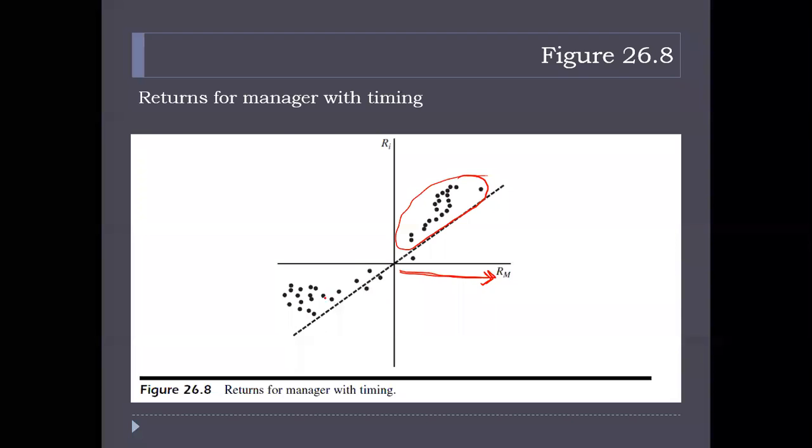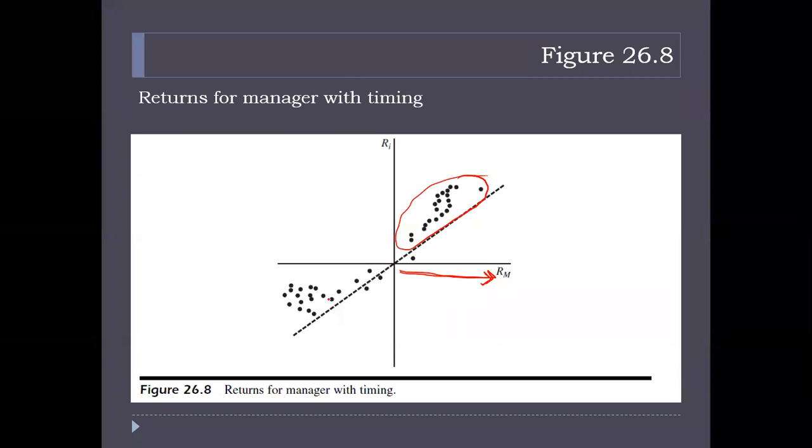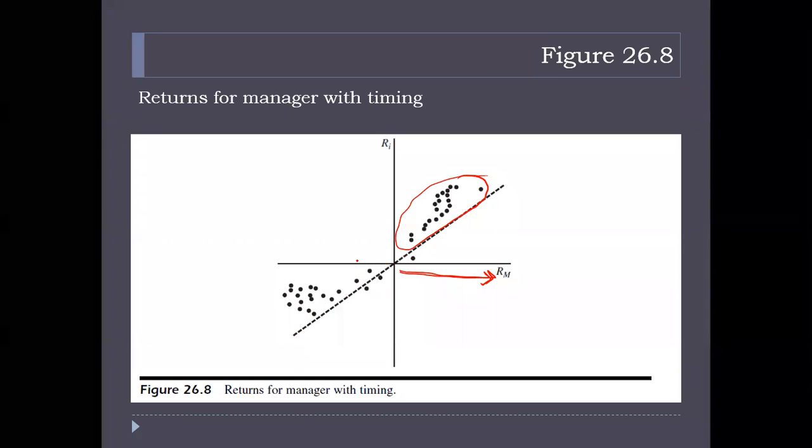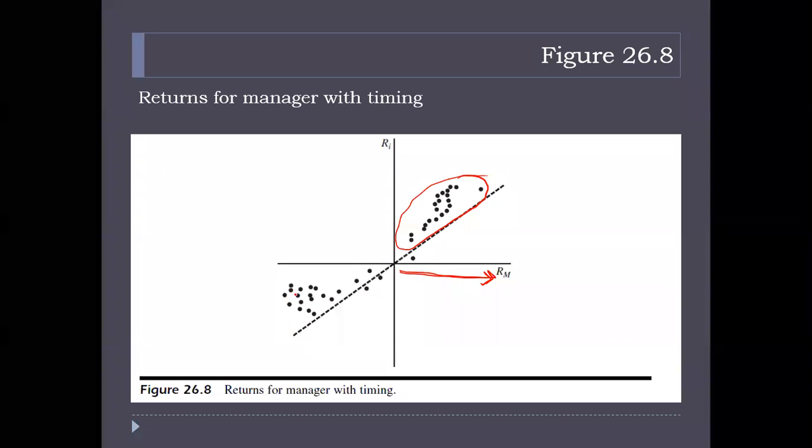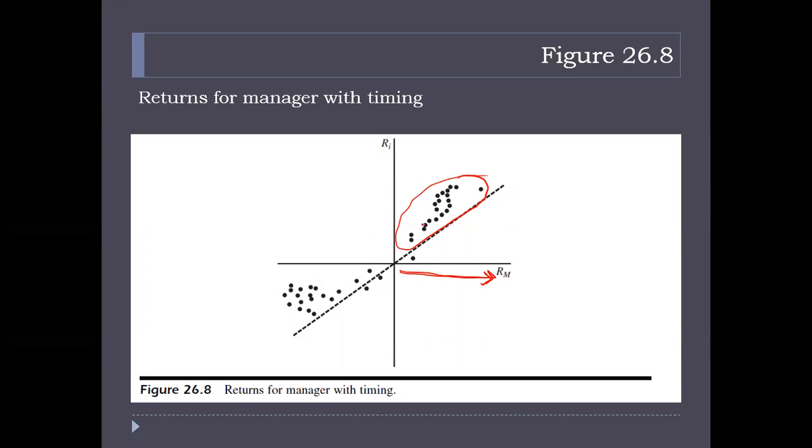That's why these dots are above this average line. If the managers are timing the market very well, these dots should lie above the straight line, either in the positive direction or in the negative direction.